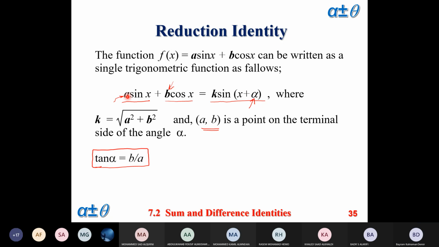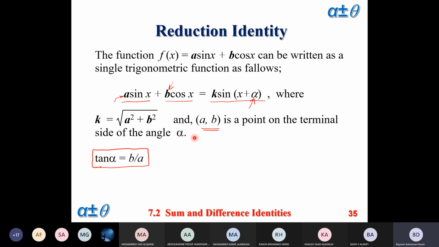So in the question, make sure you write sine first and then plus cosine next. Because the first number a is the x coordinate and the second number b is the y coordinate of the terminal point of alpha. So (a, b) is a point on the terminal side of alpha.